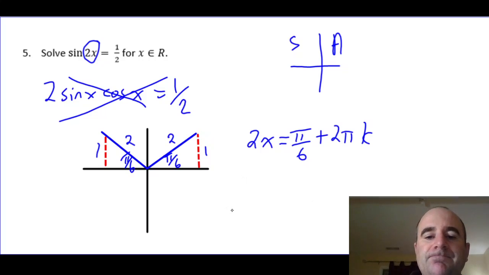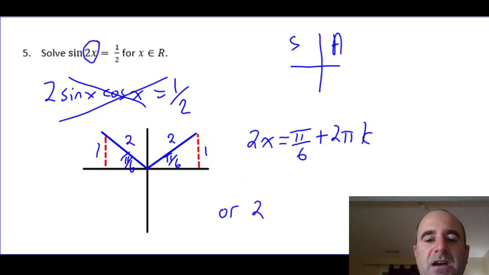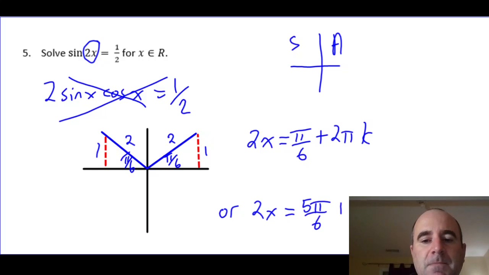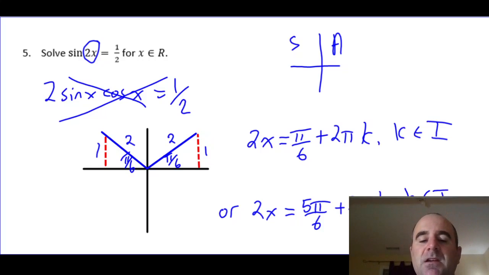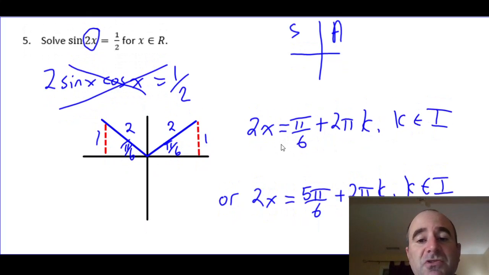Or we could say that 2x is equal to, this angle here would be 5 pi over 6 plus 2 pi k, where in both cases k is just any integer, and we say that by saying k belongs to the integers.